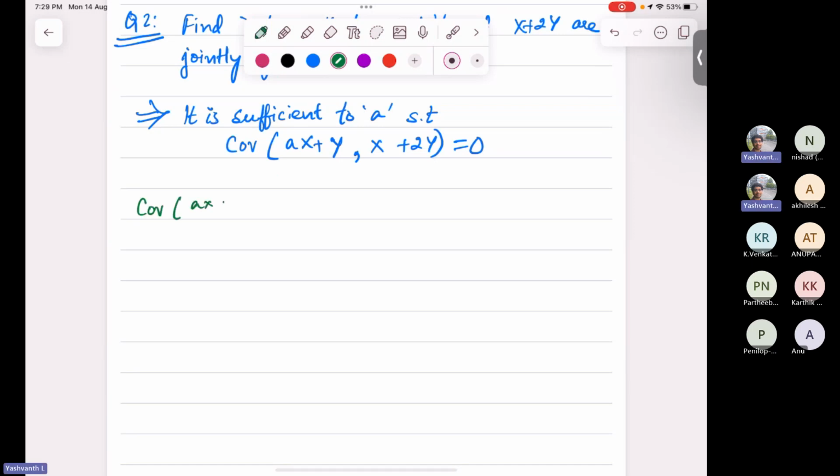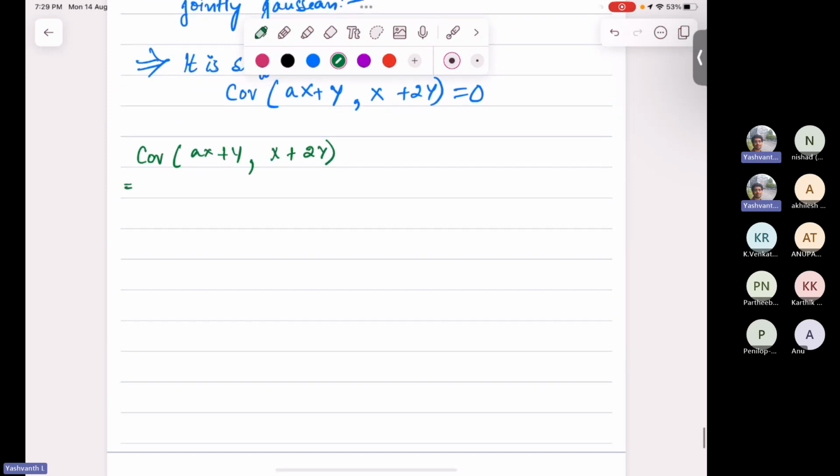Covariance of ax plus y and x plus 2y. Let's evaluate this expression first. Please follow me carefully. This is the expected value of ax plus y minus the expected value of ax plus y, the whole times x plus 2y minus the expected value of x plus 2y.